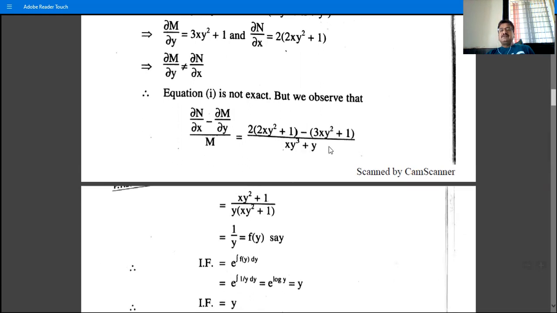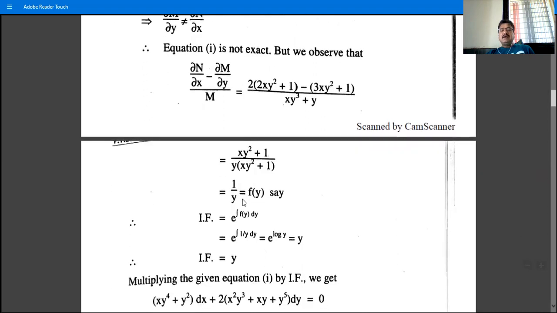So xy square plus 1 gets cancelled, and we have the answer 1 by y. It is a function of y only, and therefore the integrating factor is e raised to the integral of f(y) dy, that is e raised to the integral of 1 by y dy. The integral of 1 by y is log y, and the exponential and logarithmic functions are inverses of each other, so e raised to log y is y, and so the integrating factor is y.